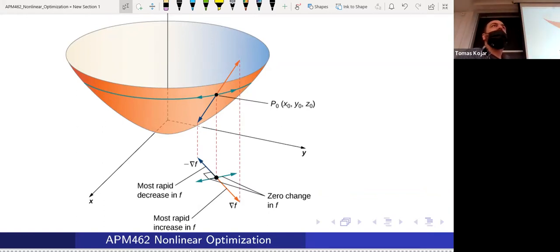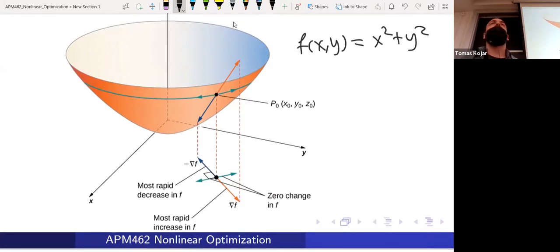Is that okay? Yeah, I'll do it here. I mean, I know this function. So this function here is f of x, y. This guy is x squared plus y squared. Okay, so that's the function. And then the gradient of f is what? What's the first derivative? Yeah.